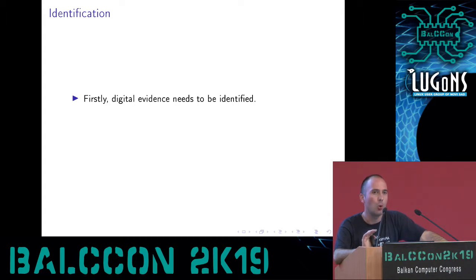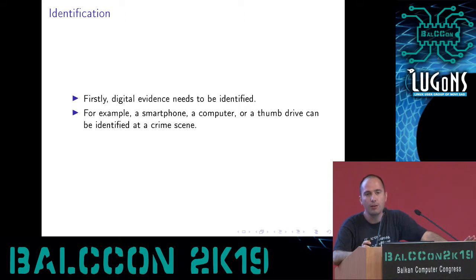So usually we're going to notice some devices, laptops, smartphones, or some media, thumb drives, SIM cards, whatever. And for example, that could be a hard disk drive in some desktop computer at the crime scene.